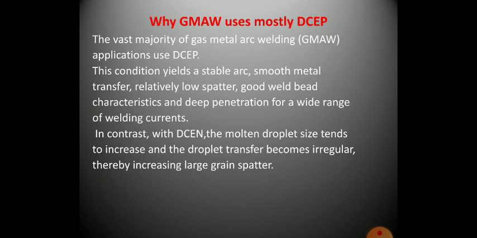Now the point we discussed is the direct current electrode positive, and as we discussed, the positive and the negative, the transformation of the ions from one portion to another. So that is the electrode positive, the transformation. It means we require the greater transformation from the electrode, and that's why the vast majority utilize GMAW with direct current electrode positive, and this condition yields a stable arc.